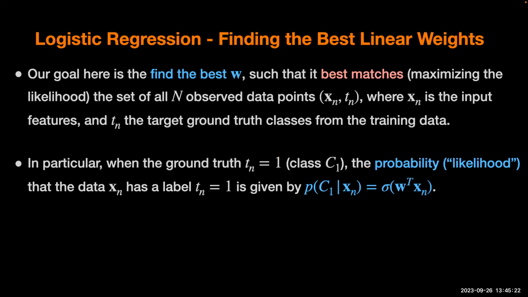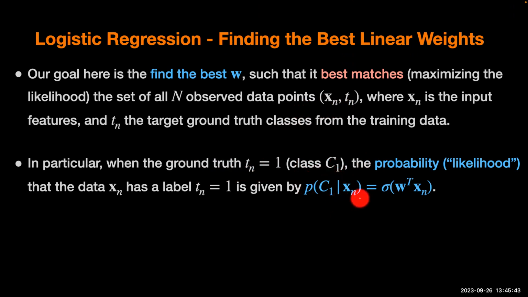So if Tn equals 1, meaning that the nth object really belongs to class 1, what are the chances that given Xn I will observe the class C1? And this is what we have just derived, right?